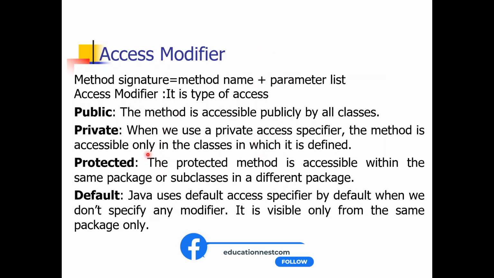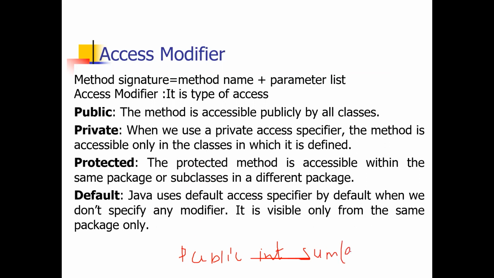In method declaration, the terms we use are public, private, protected, default. If you remember the method declaration, we have generally written it like: public int sum, suppose I'm writing for some A and B. Like that, we are declaring the method.